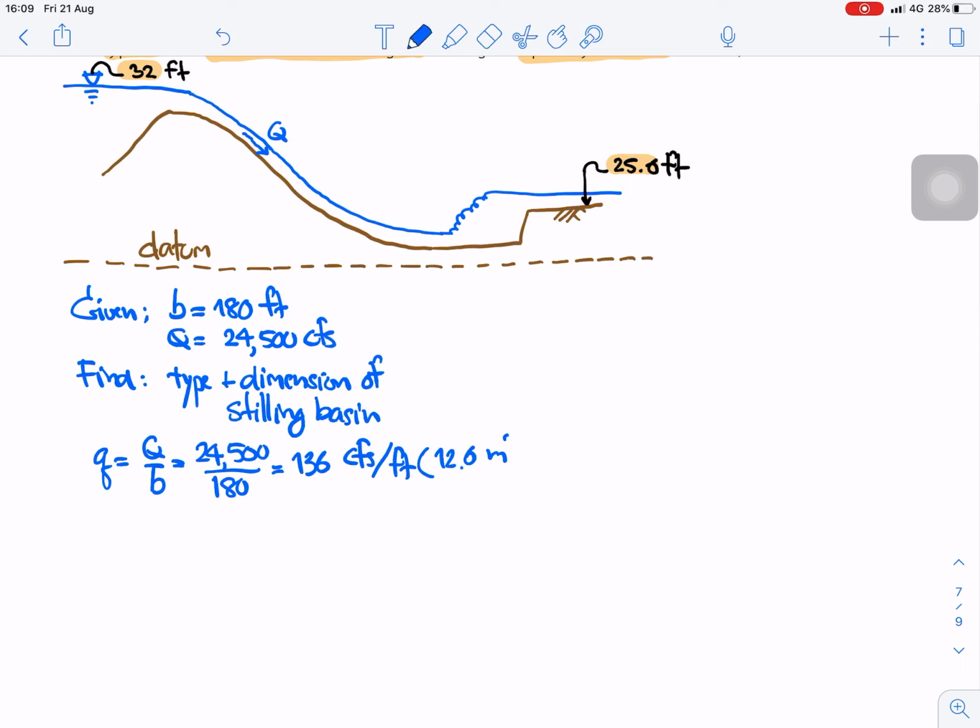And yc is equal to (q squared divided by g) to the power one-third, which is 8.31 feet or 2.53 meters.